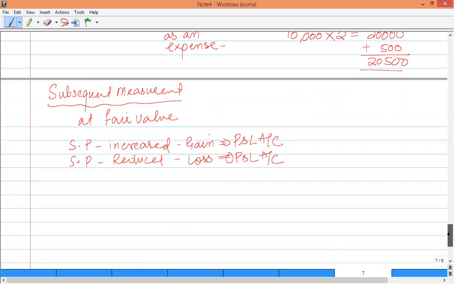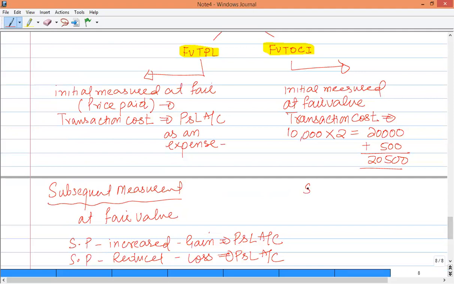But subsequently, when we report it in the balance sheet, subsequent measurement is based on fair value. So for both types of investment, FVTPL and FVTOCI, the common thing is that both are measured at fair value.